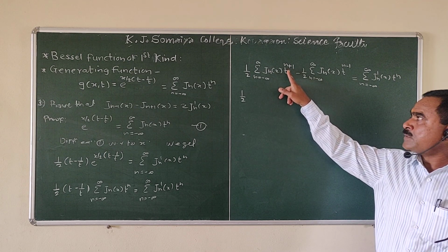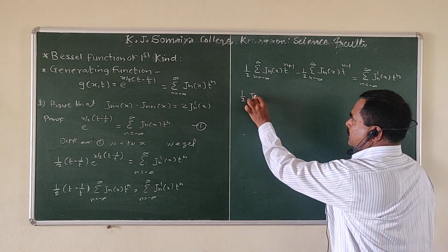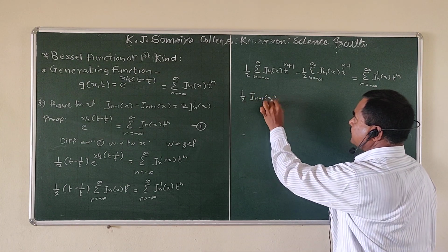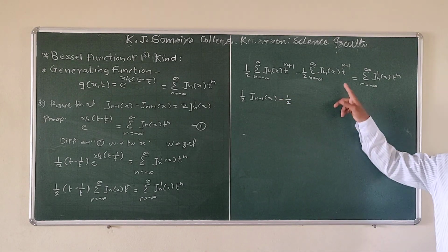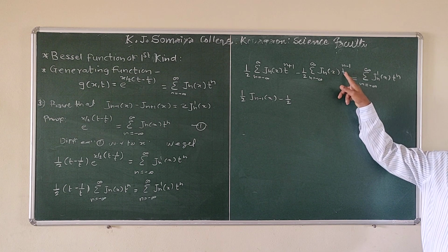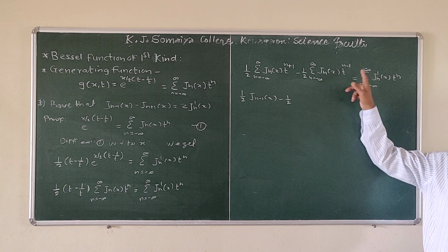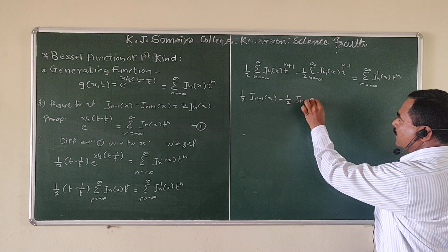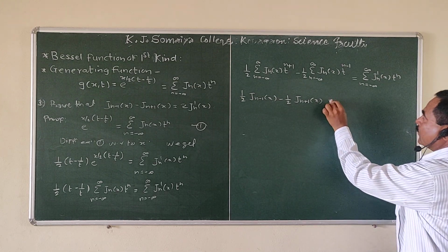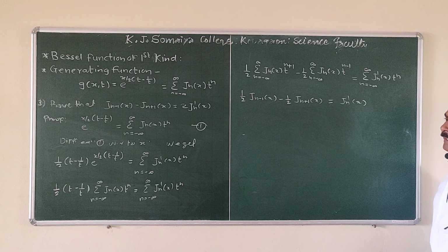For that we substitute n as n minus 1, J n minus 1 of x, minus half, then here the power of t is n minus 1, so we have to substitute n as n plus 1, then we write J n plus 1 of x equal to J n dash x.